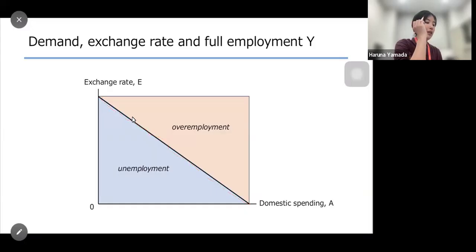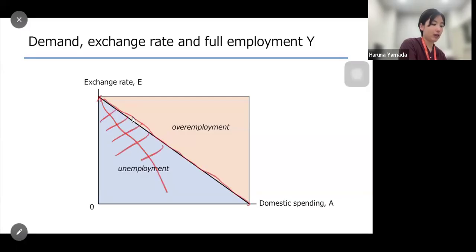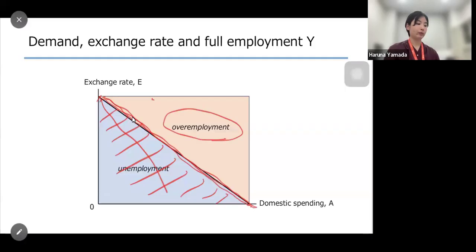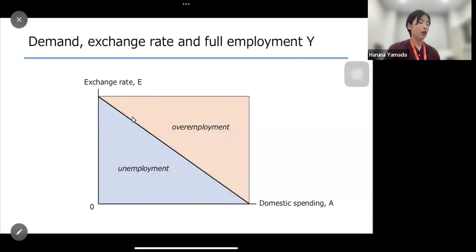If the economy is below this line, the economy is in unemployment. If the economy is above this line, then the economy is in overemployment.